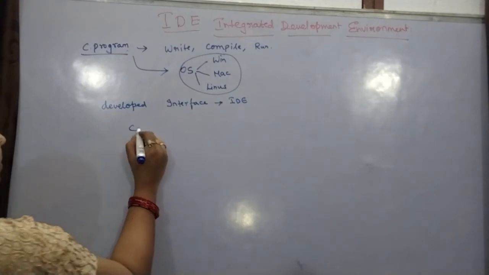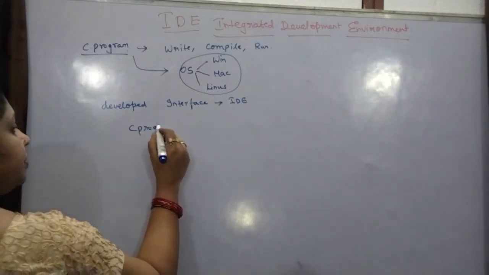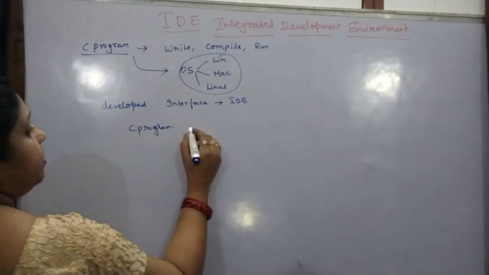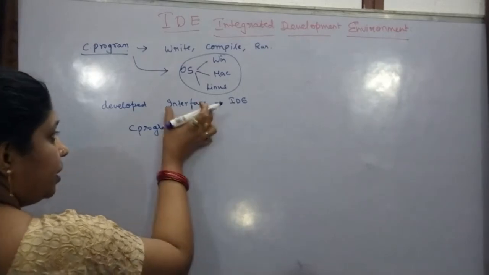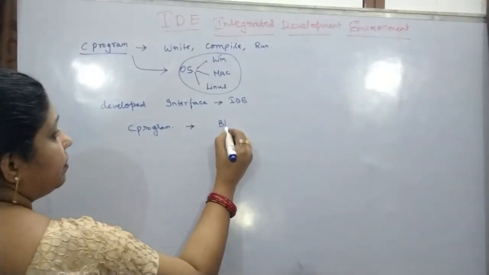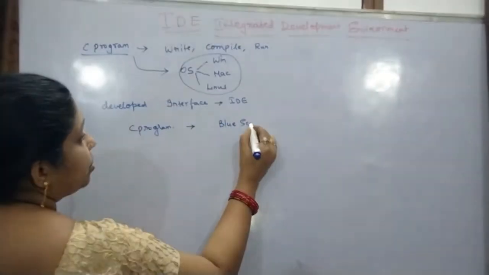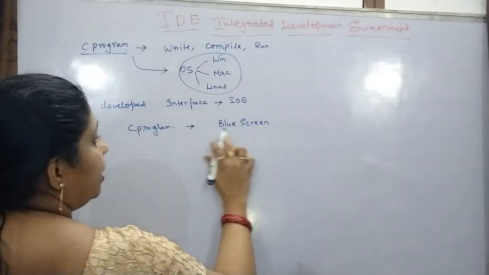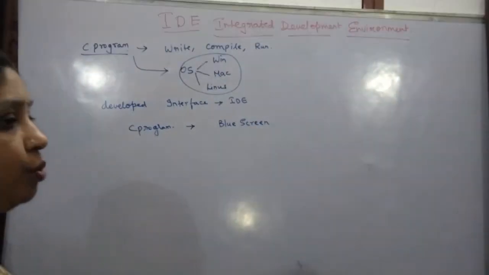Now, our C programs have an interface which is called the blue screen.